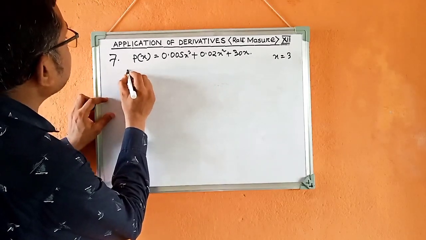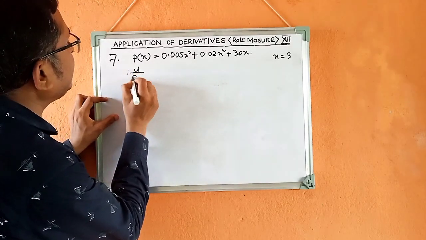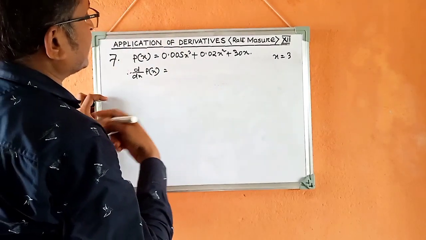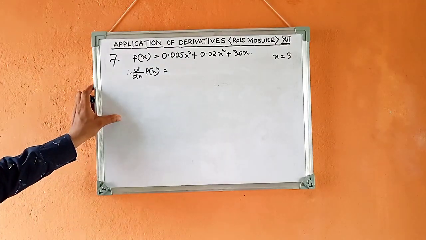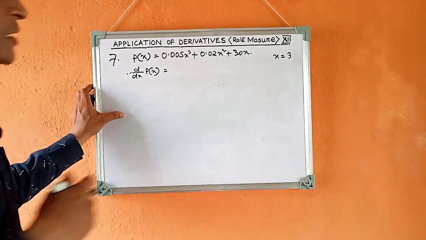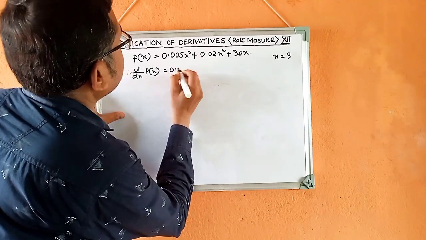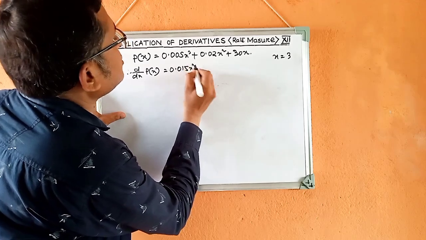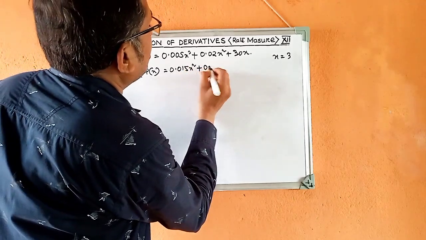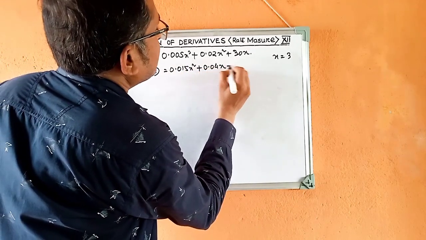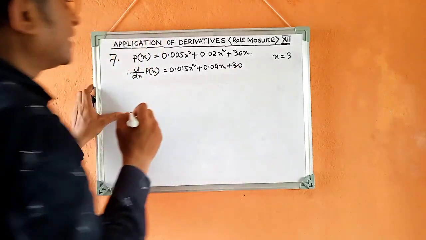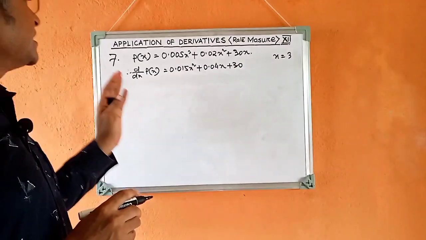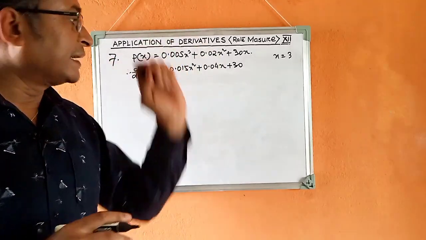So marginal increase equal to d by dx of Px, after differentiation we get 0.015 x square plus 0.04 x plus 30.